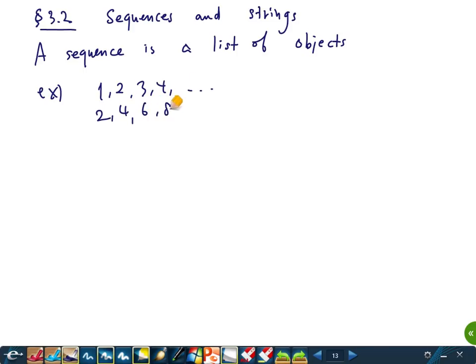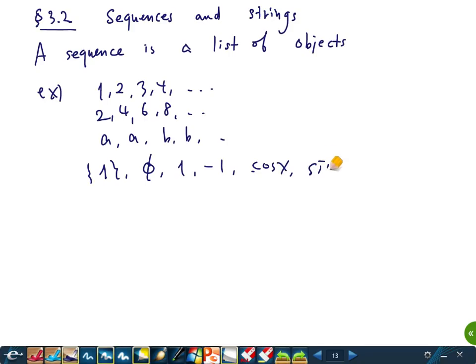It can be anything, not necessarily numbers or letters. It can be a set or the empty set and then 1 and then -1. Doesn't matter. Any object, sine, cosine x. A sequence is just a list of objects.